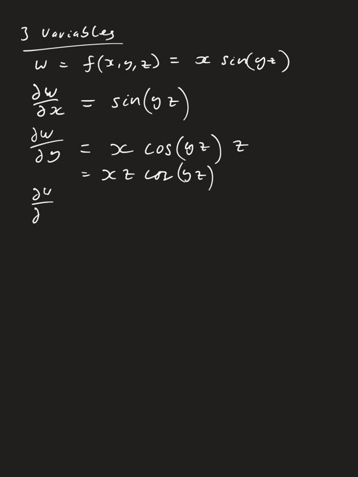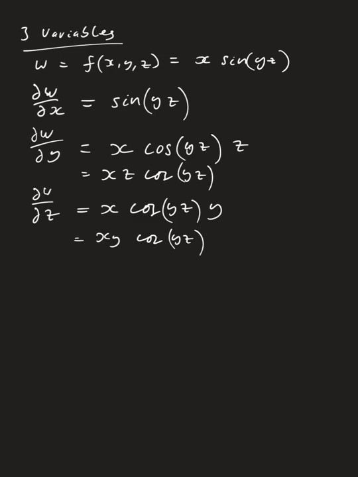What about del w del z? Now z is our variable, and the x and y are treated as constants. So in this case, I get x times cosine of yz times the derivative of what's in the brackets with respect to z, treating y as a constant, which gives me y. So it's xy cosine of yz.